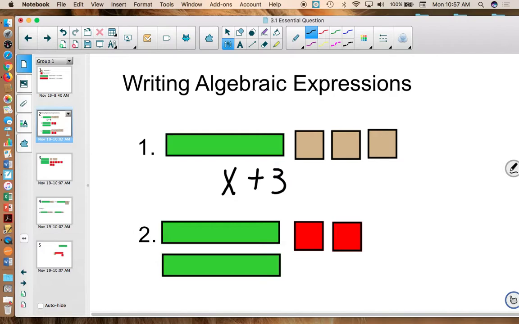Yes, it's exactly 2x. 2x plus what? What else do I have there, Zane? Negative 2. 2x plus negative 2. If you got that, give me thumbs up. If you already had it, I want thumbs up. Okay, good.